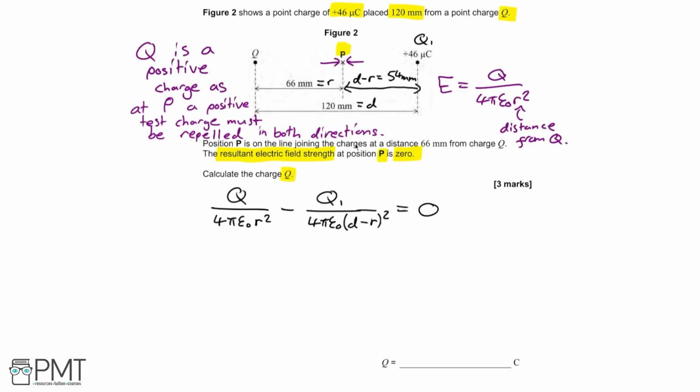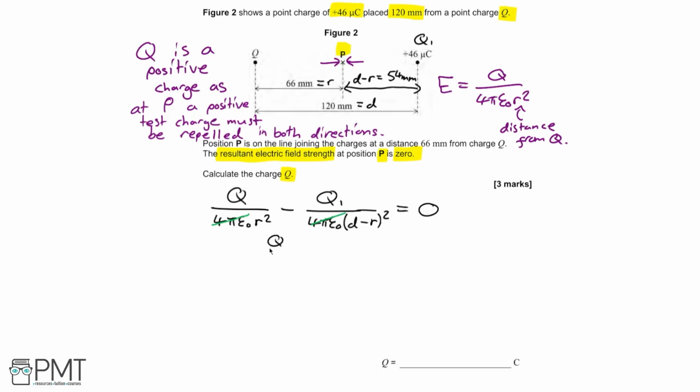So we can now rearrange this equation using the fact that 4 pi epsilon naught appears in both terms and 0 is on the other side. So we may multiply both sides by 4 pi epsilon naught, which cancels it. And then we may move Q1 and D minus R all squared to the other side.